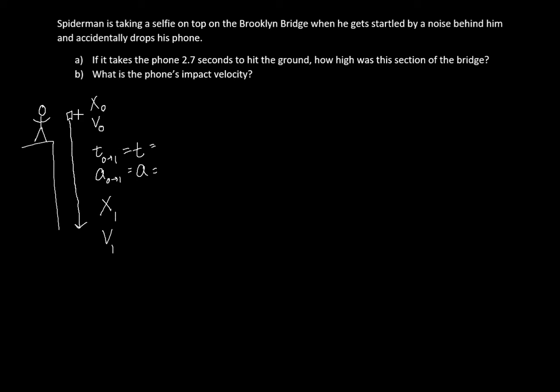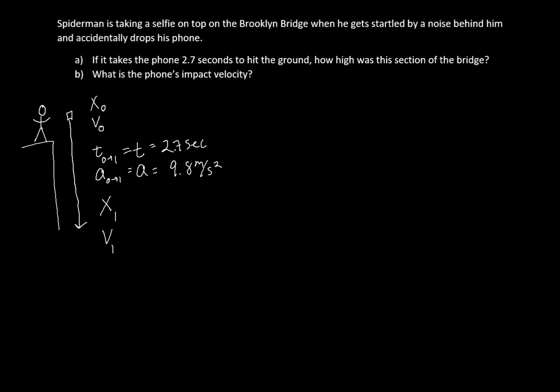The time it takes to go from up here to down here is 2.7 seconds. And then the acceleration, well, since it's in free fall because we just dropped the phone, we can say that it's 9.8 meters per second squared. At this point, we need to pause and decide on our axes.